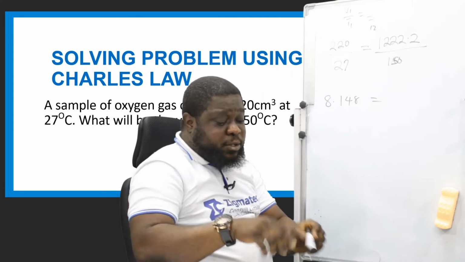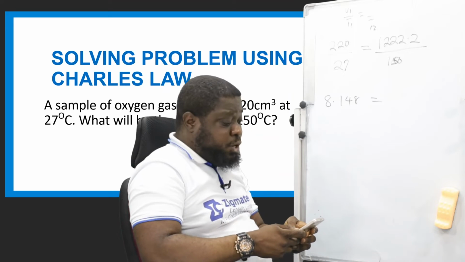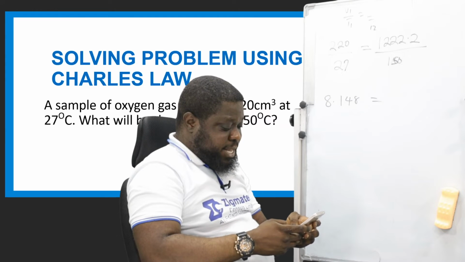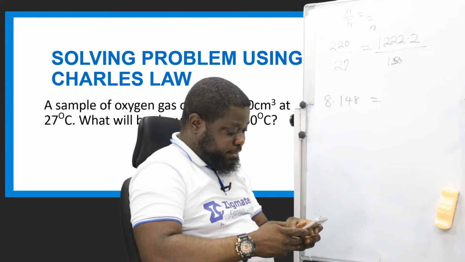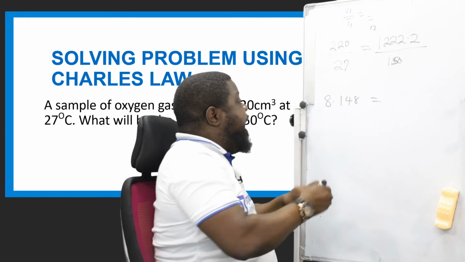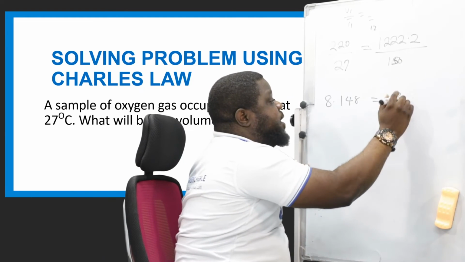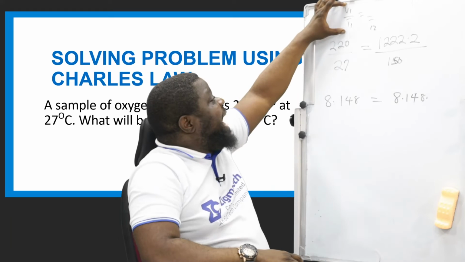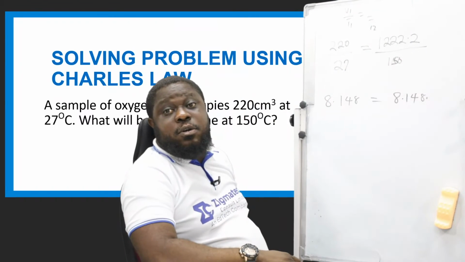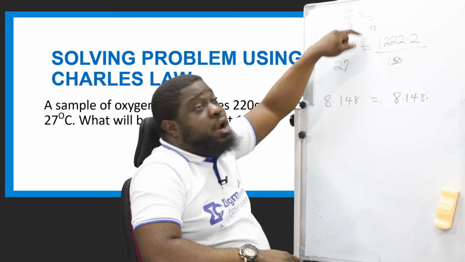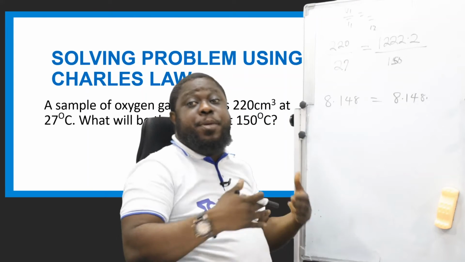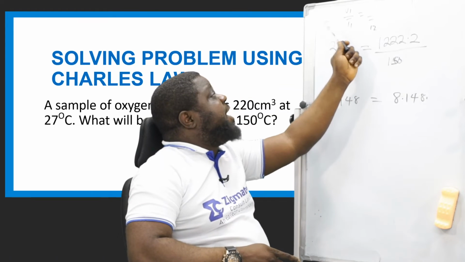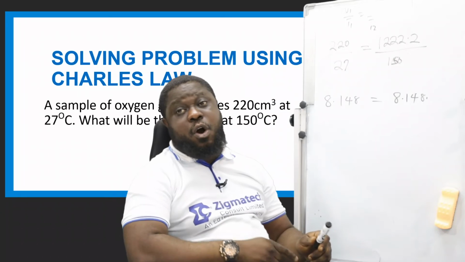Now, if you do 1,222.2 divided by 150, it will still give you 8.148. In that sense, the answer is correct, because anything you get here must be equal to what you get here. Otherwise, it's wrong. V1 all over T1 is equal to V2 all over T2, so they are supposed to be the same. Take note of that. If your answer here is not the same as here, then the answer you got is wrong.